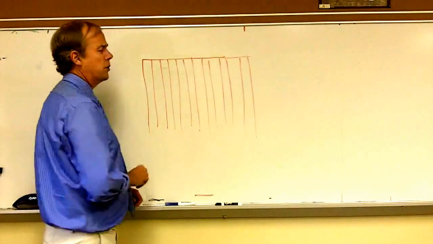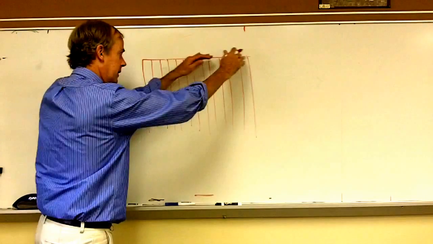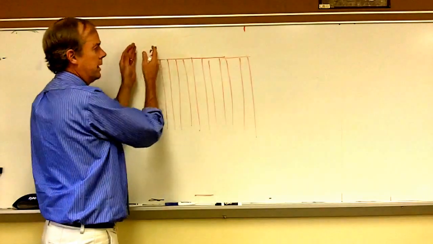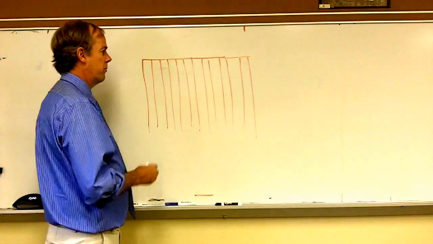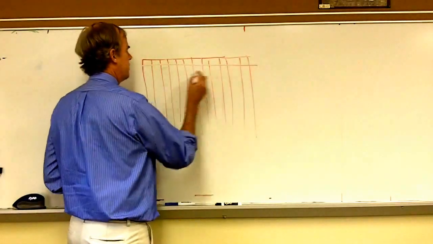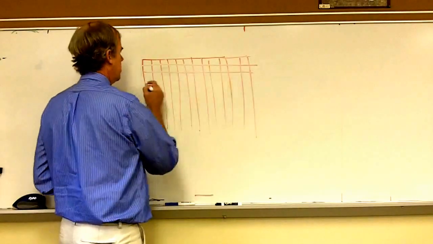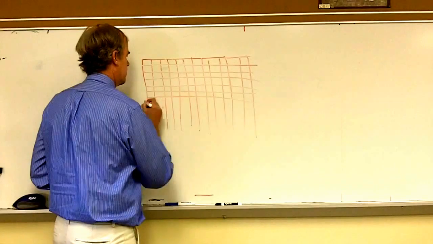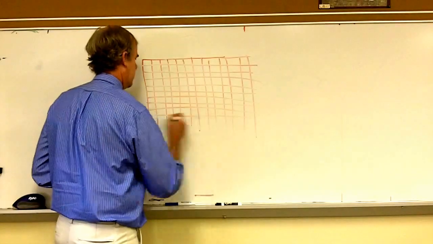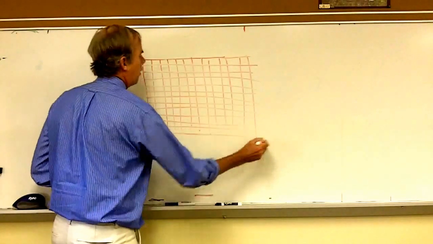And then we were to multiply this 12 by 12. We want a square foot by a square foot. Well, we'd have to draw 12 lines this way. 1, 2, 3, 4, 5, 6, 7, 8, 9, 10, 11, 12.